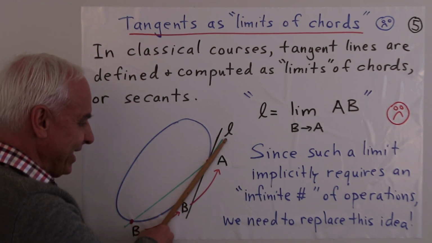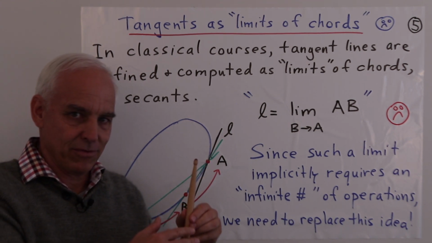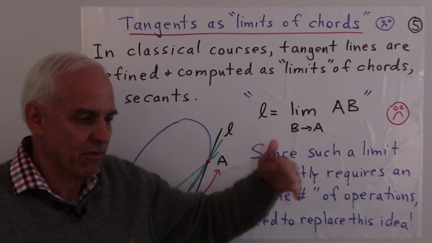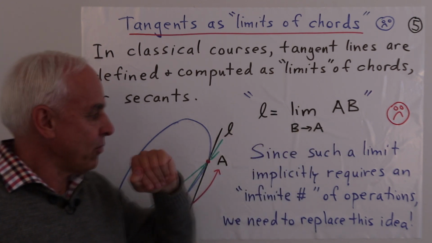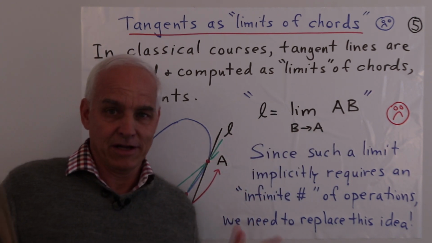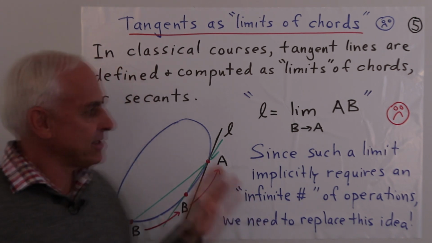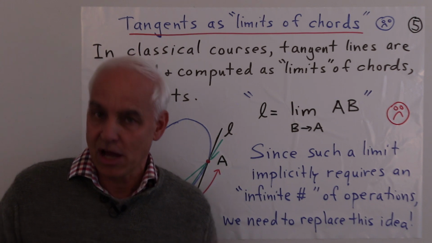You can't actually get at this limit without actually going through an infinite amount of intermediate steps. So it's really the result of a process that you have to complete by going to infinity. And in this course, we don't want to do an infinite number of operations. So somehow we have to sidestep this approach and this orientation towards tangent lines.